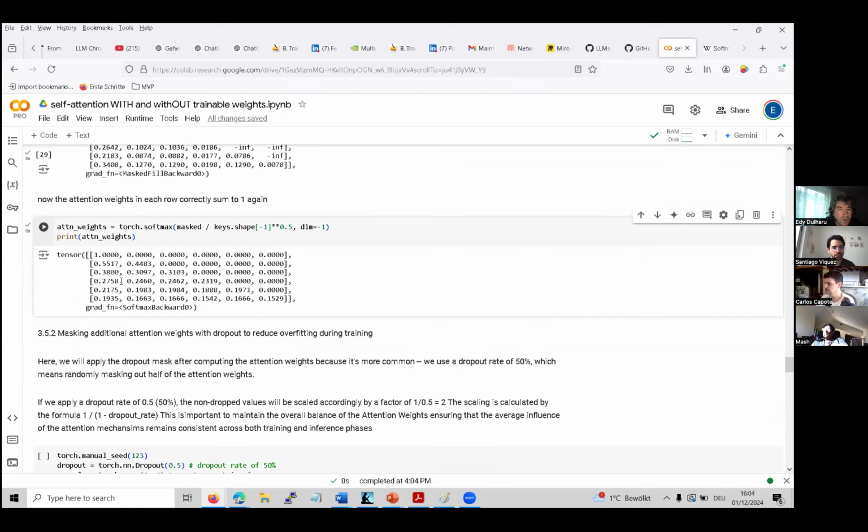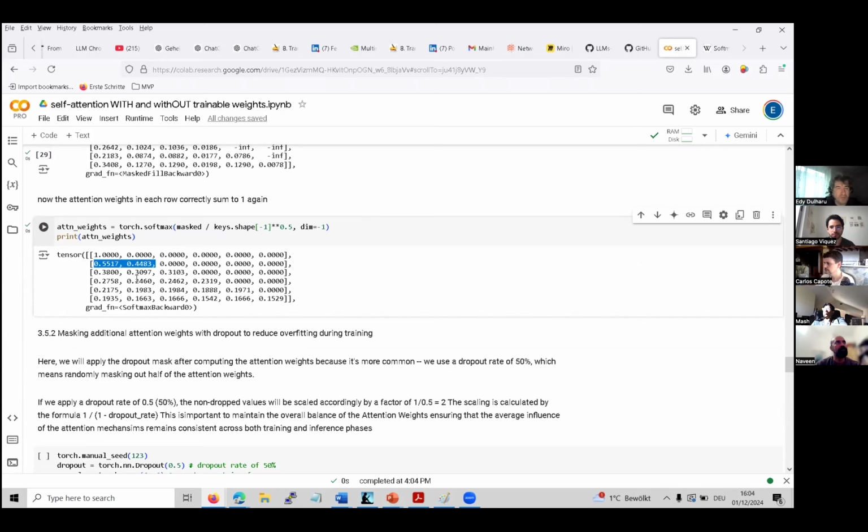Now we again have the weights, and they sum up to 1 on each row, which means that we can read them correctly as probability distributions for every query with regard to the previous tokens. Let's take the last row, where we have the word step.